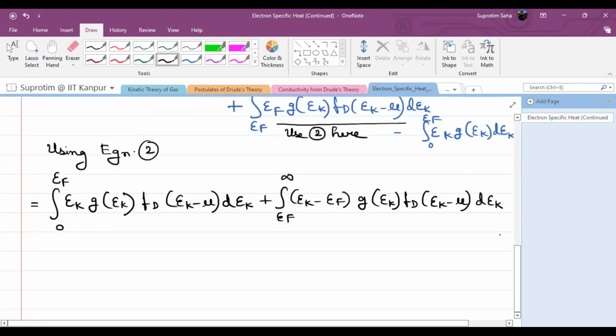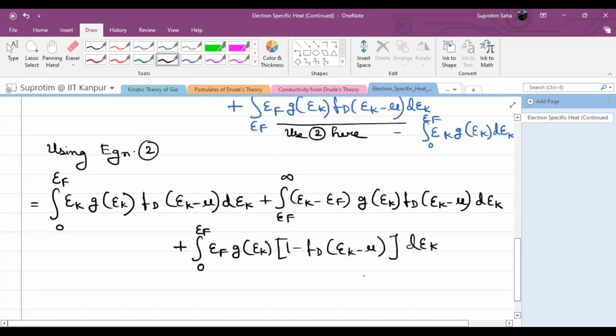So now substituting equation 2 in place of this term in equation 1, this is 0 to EF G of EK 1 minus Fermi Dirac epsilon K minus mu D of EK minus 0 to EF. This term was already there, G of EK D of EK. All right.